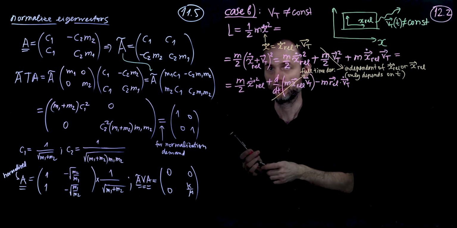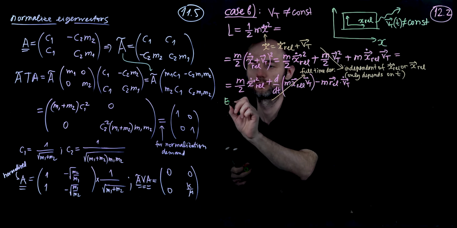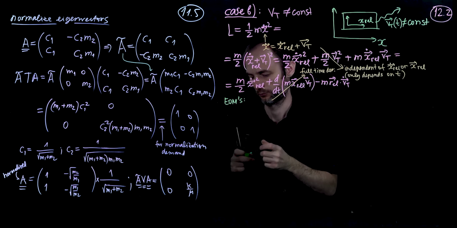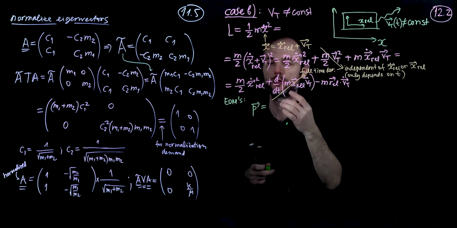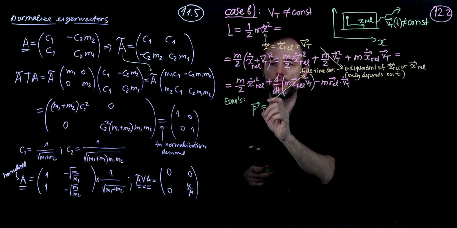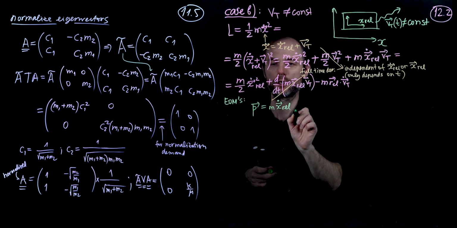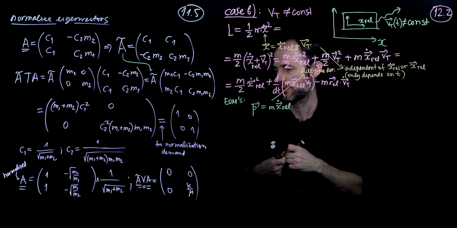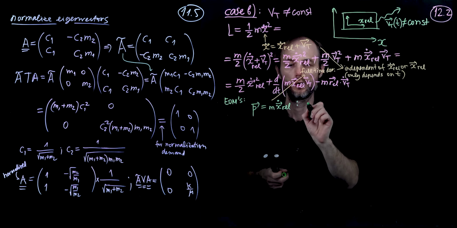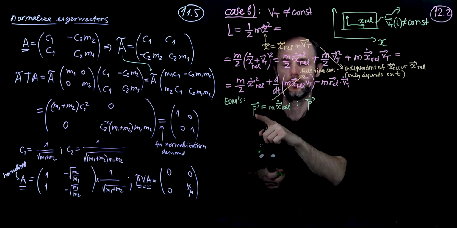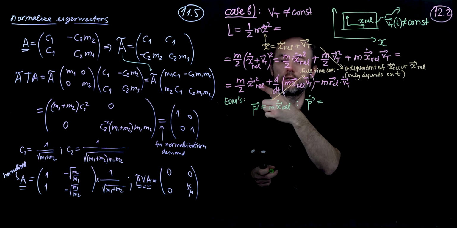So the equations of motion that come out of here are going to be, the momentum is going to be equal to dL/d(x dot rel), so it will be just the regular expression for the momentum. And the equations of motion, therefore, will be d/dt of this, so it will be p dot, equal to dL/d(xrel).